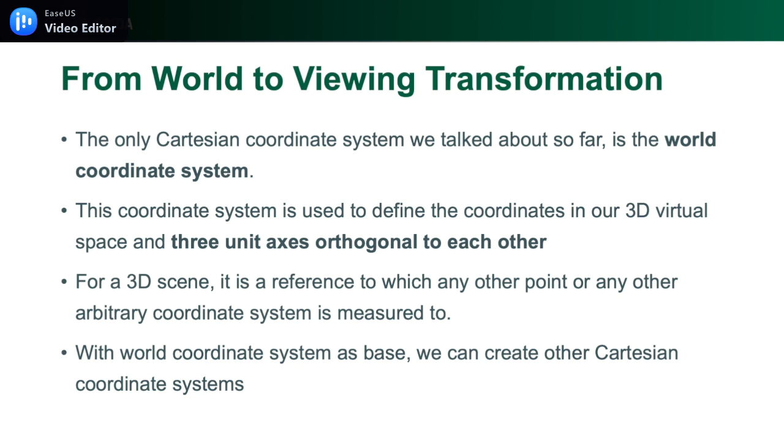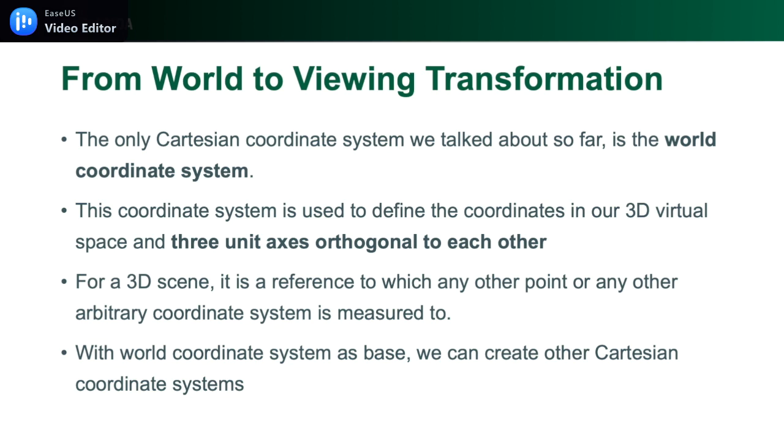The Cartesian coordinate system has three unit axes orthogonal to each other. It acts as a reference point of a 3D scene to which any other point on any other arbitrary coordinate system is measured. Once this coordinate system is defined, we can create other Cartesian coordinate systems.